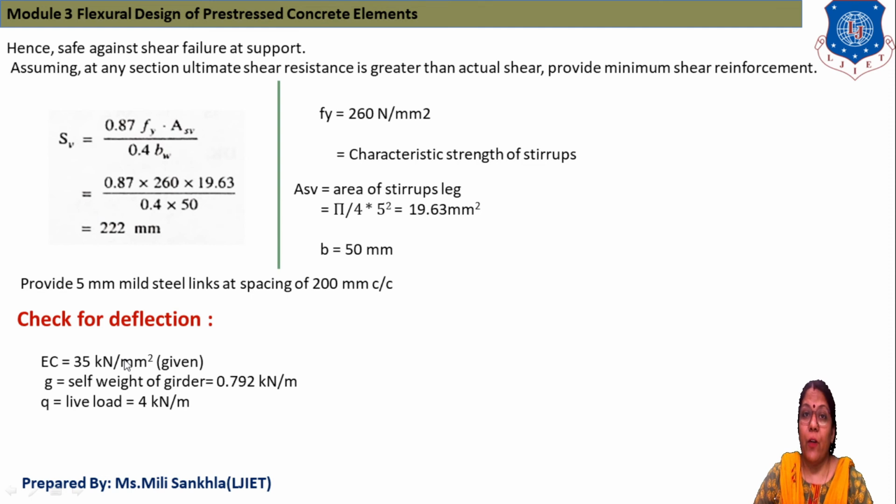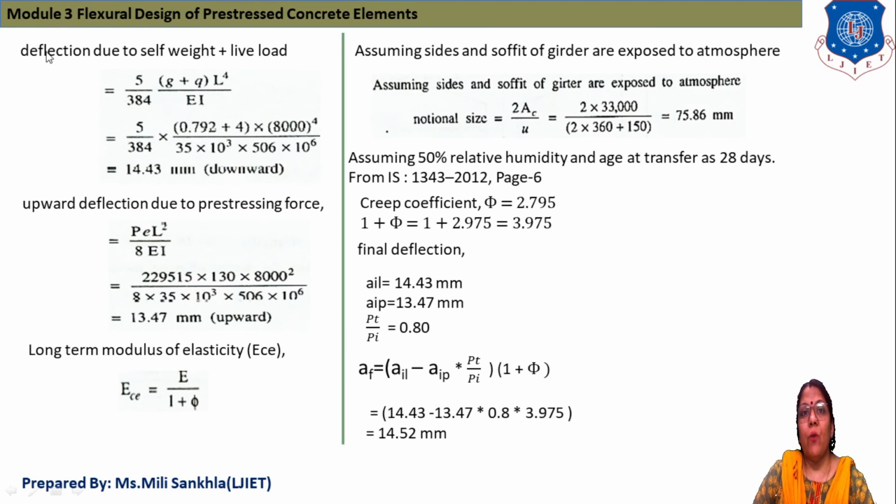Now again check for deflection. Young's modulus of concrete is given 35 kilonewton per mm square. Self weight of girder we find 0.792 kilonewton per meter. Live load is given 4 kilonewton per meter. Now the deflection due to self weight plus live load is equal to 5/384 G plus Q L raised to 4 divided by EI.